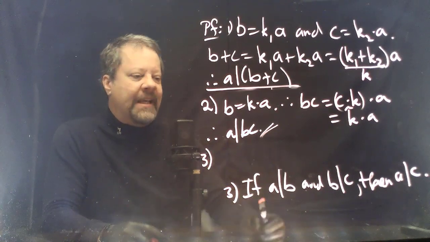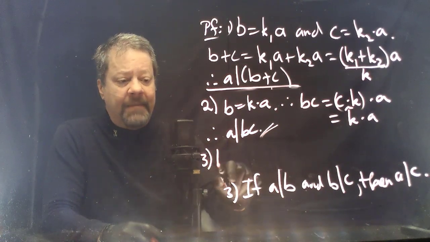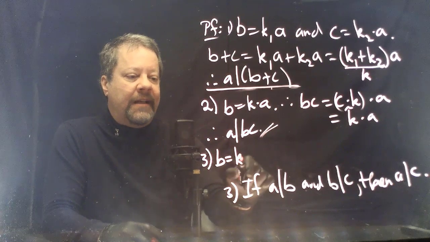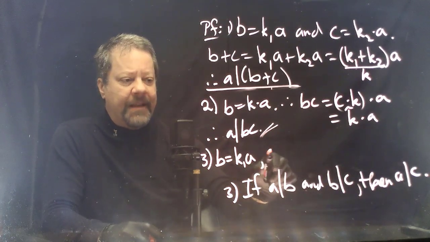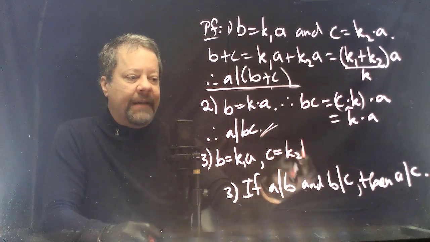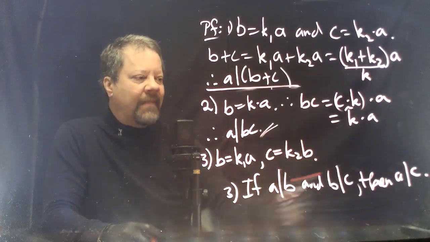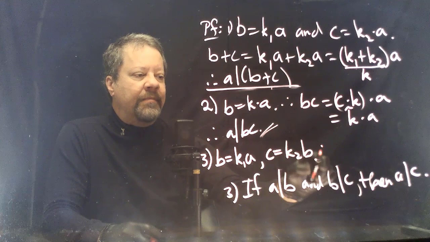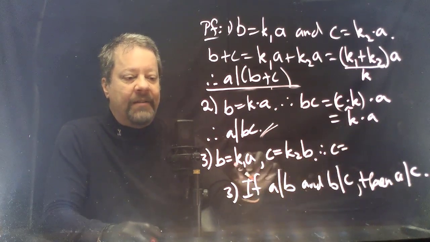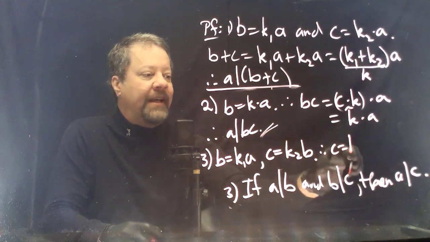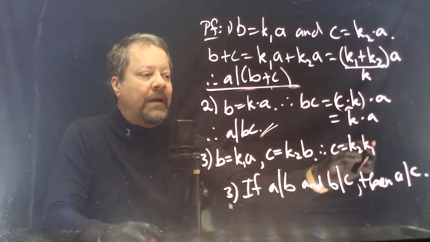Finally, for part c, a divides b means b is k1 times a. And b divides c means c is k2 times b. So does a divide c? Well, in c we will replace b with this k1 a. We'll have k2 times k1 times a.